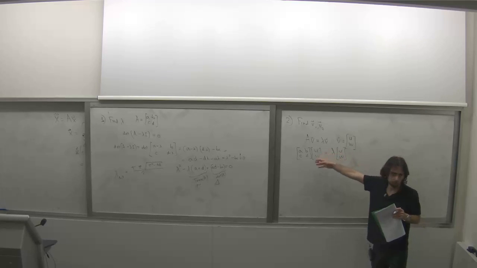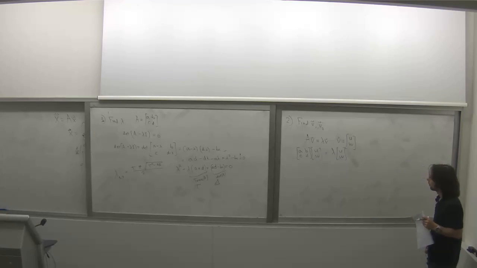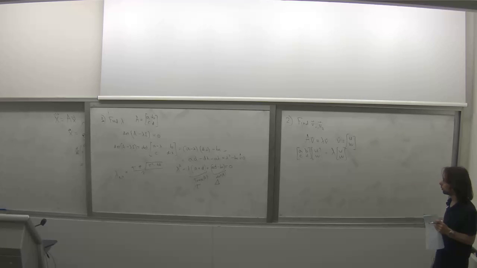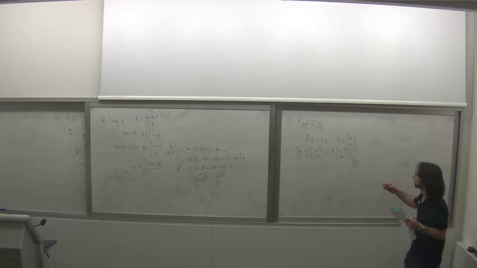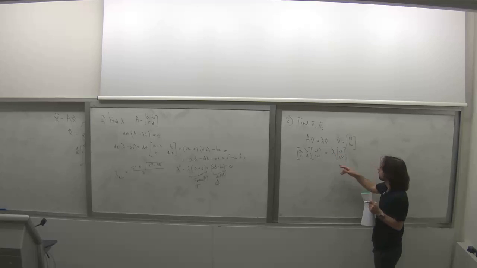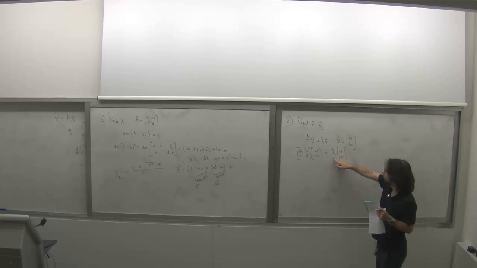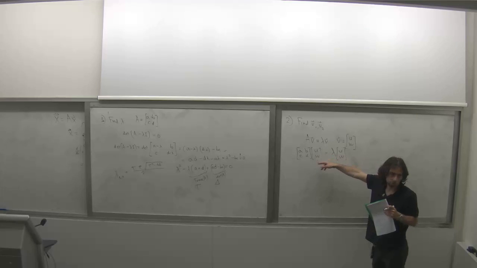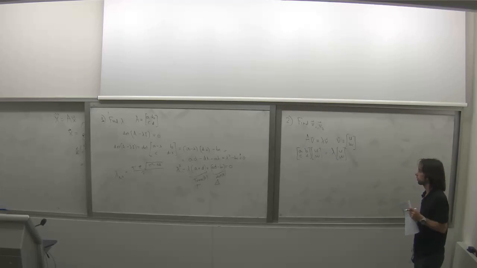Okay, so here you get 2 equations, and you can solve for U and for W and get, since you are given lambda, this is one of the lambdas that you found, then you can extract U and W out of these equations.